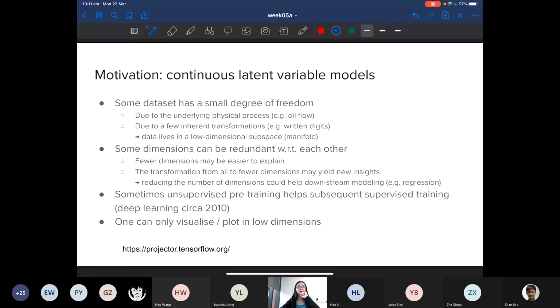And the reason we're talking about this is to lead into our discussion about continuous latent variables. So to me, this way of structuring machine learning content is sort of interesting and unusual. Parallel to continuous latent variables, there are discrete latent variable models, which we will see next week.